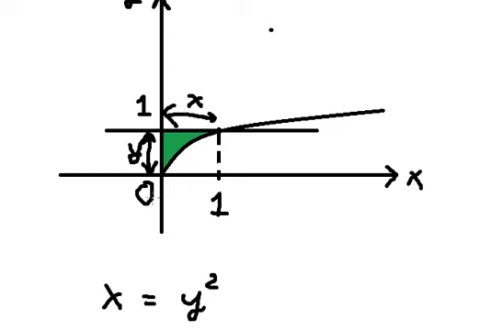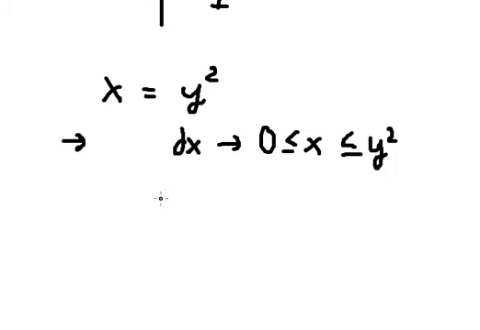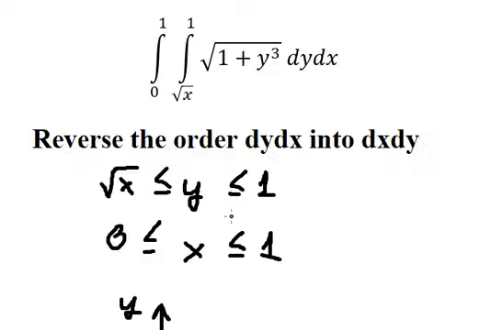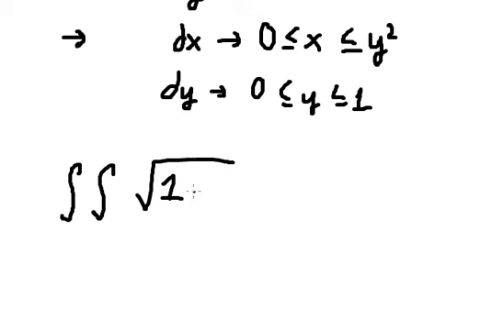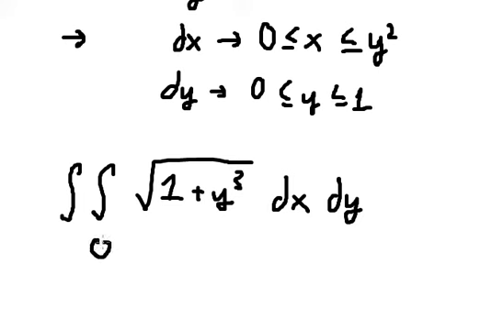And we can see that y is between number 0 and number 1. And now we need to put everything in here. About dx, that should be from 0 to y squared. About dy, that should be from 0 to number 1.